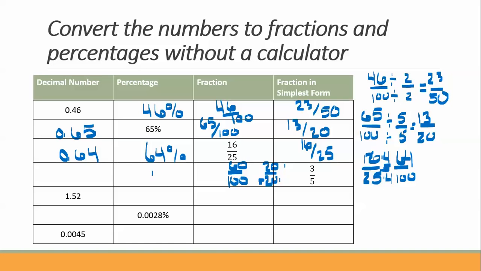So our percentage is 60%, because that's the numerator, and our decimal number is 0.60, because it's 60 over 100, or 60 hundredths.